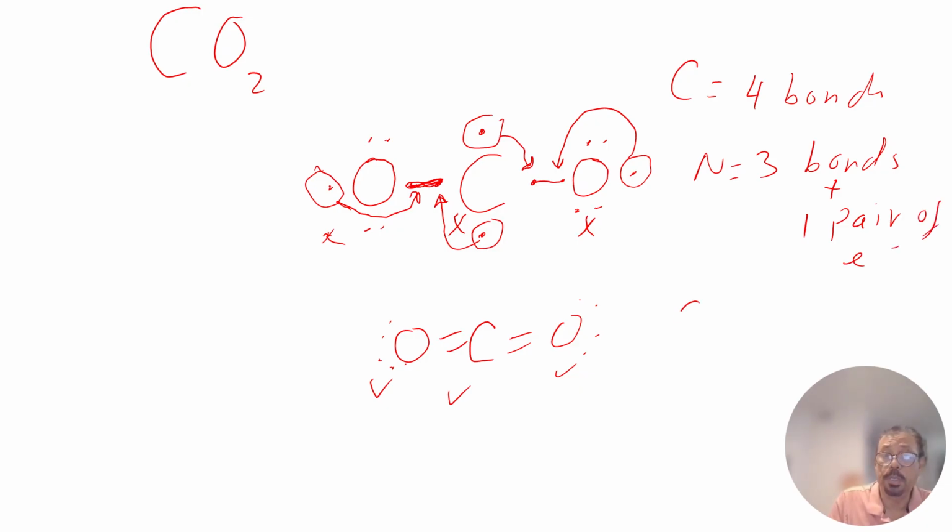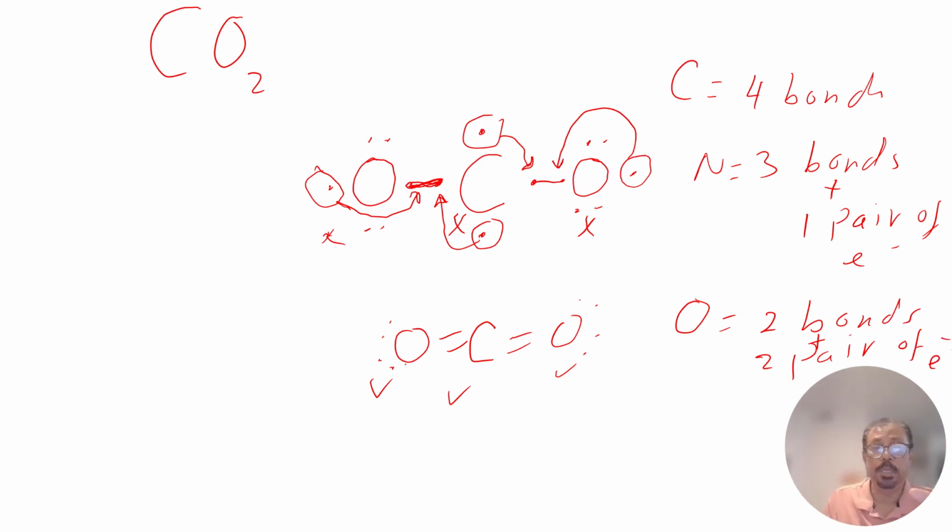Oxygen, as you see here, makes 2 bonds plus 2 pairs of electrons. And hydrogen and the halides, fluorine, chlorine, bromine, iodine, are always at the end of the compound.